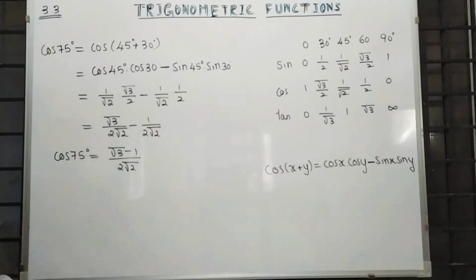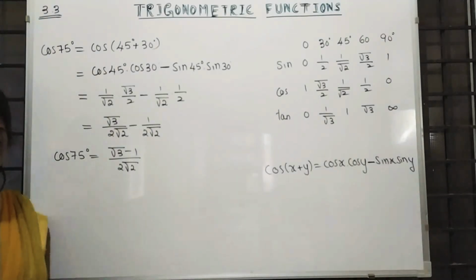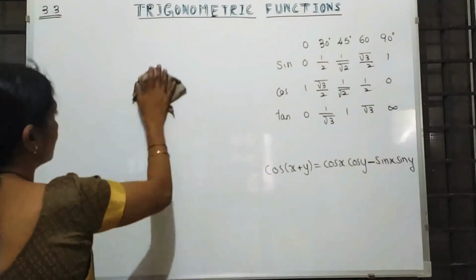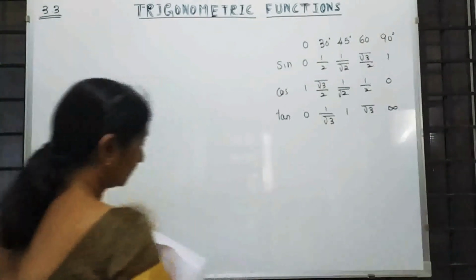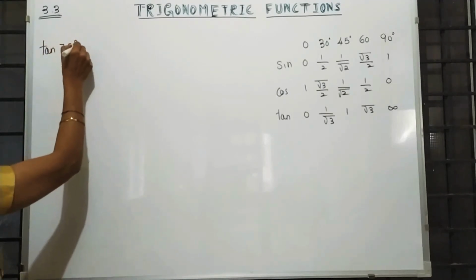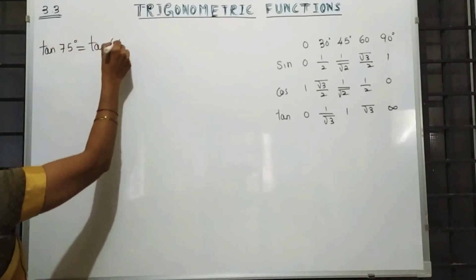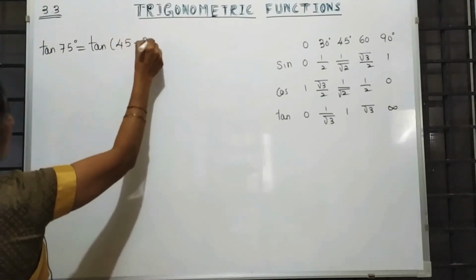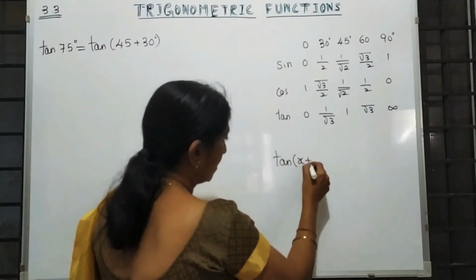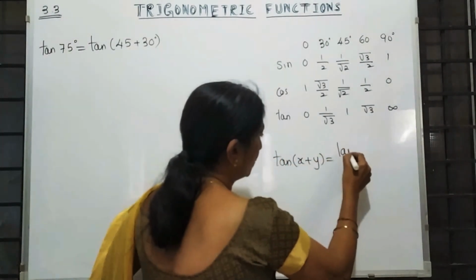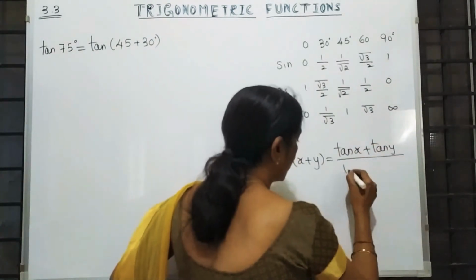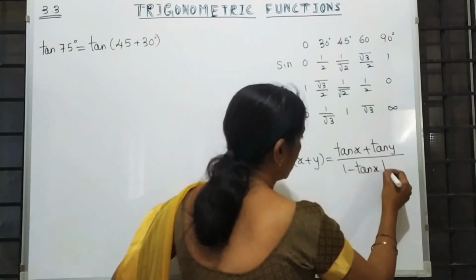Moving to the third one, that is tan 75 degree. This is split as 45 plus 30. And the formula is tan of x plus y is equal to tan x plus tan y upon 1 minus tan x into tan y.